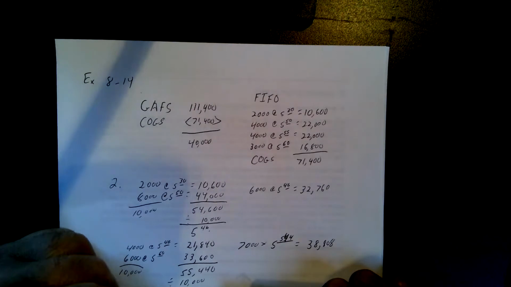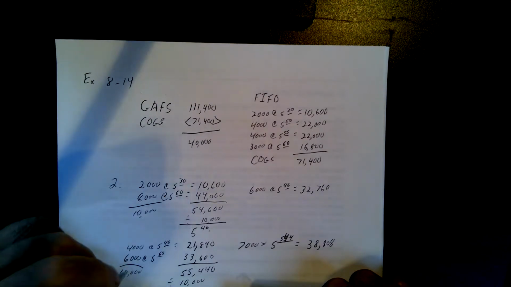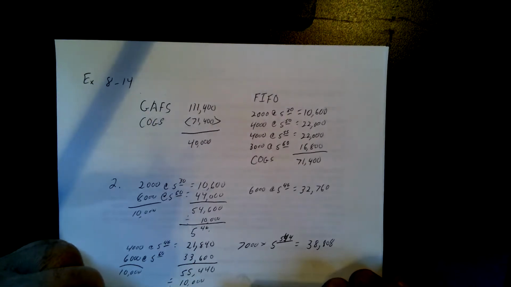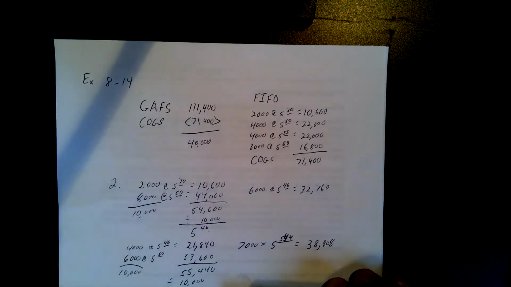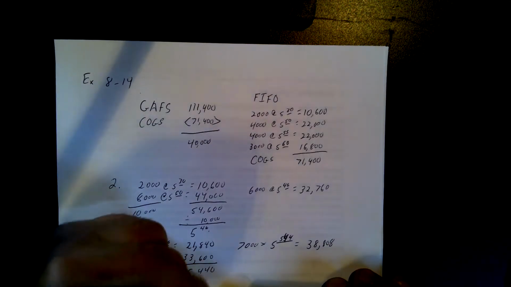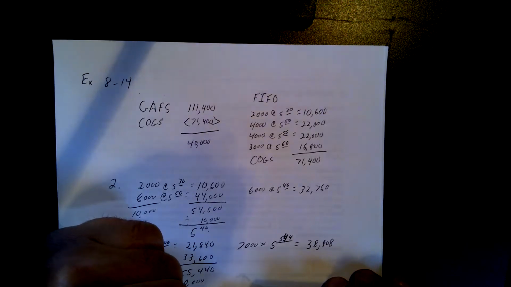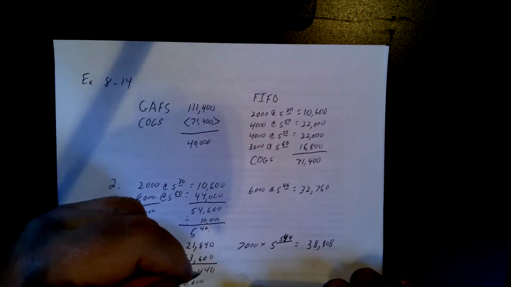Okay, and then we have the ending inventory. We sold 7,000, so we had to have 3,000 left times $5.544. And that's equal to 16,632.